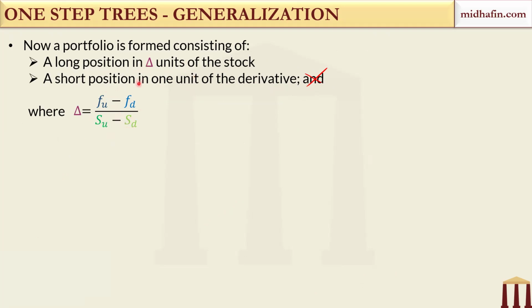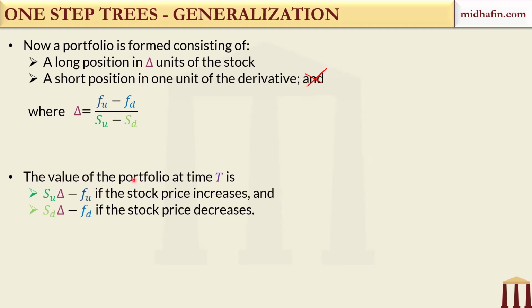Because we know that at time T the value of the portfolio will be this much if the stock price increases, because there were delta number of shares, so delta multiplied by SU, and since you were in a short position in the derivative, that's why you have a minus sign. And of course the value of the derivative will become FU.